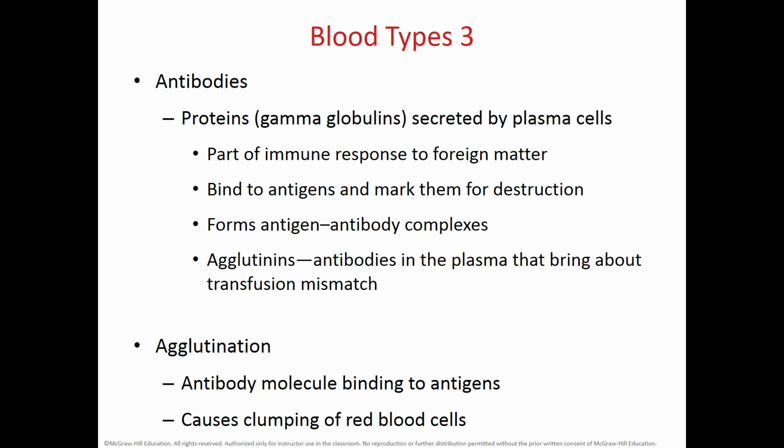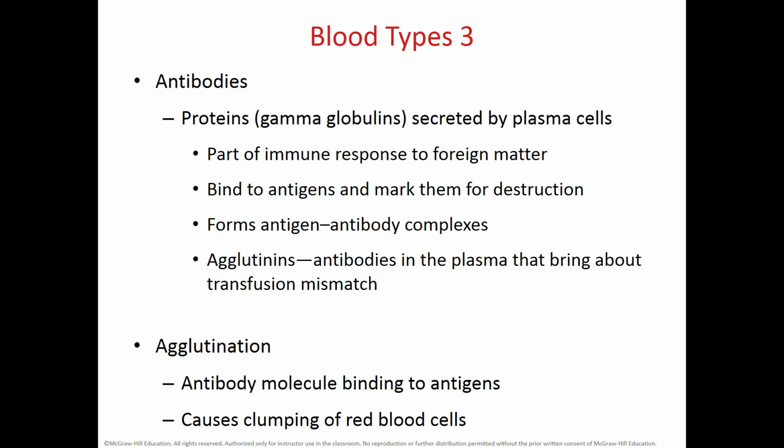What are antibodies? The antibodies are proteins or gamma globulins that are secreted by the plasma cells or B lymphocytes. These antibodies are part of the immune response to foreign matter or foreign antigens. So when the antibodies find an antigen, they can bind to this antigen and mark it for destruction.